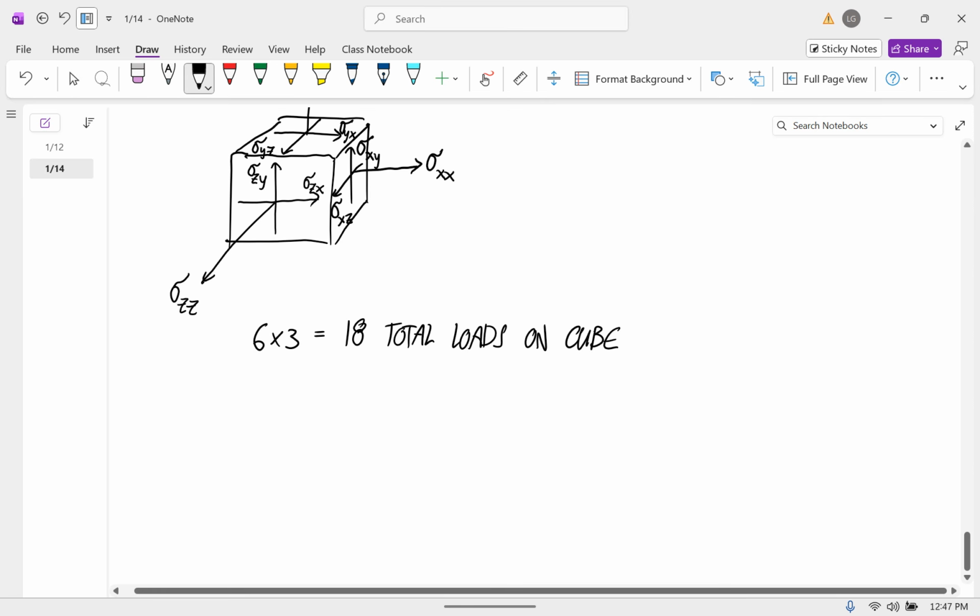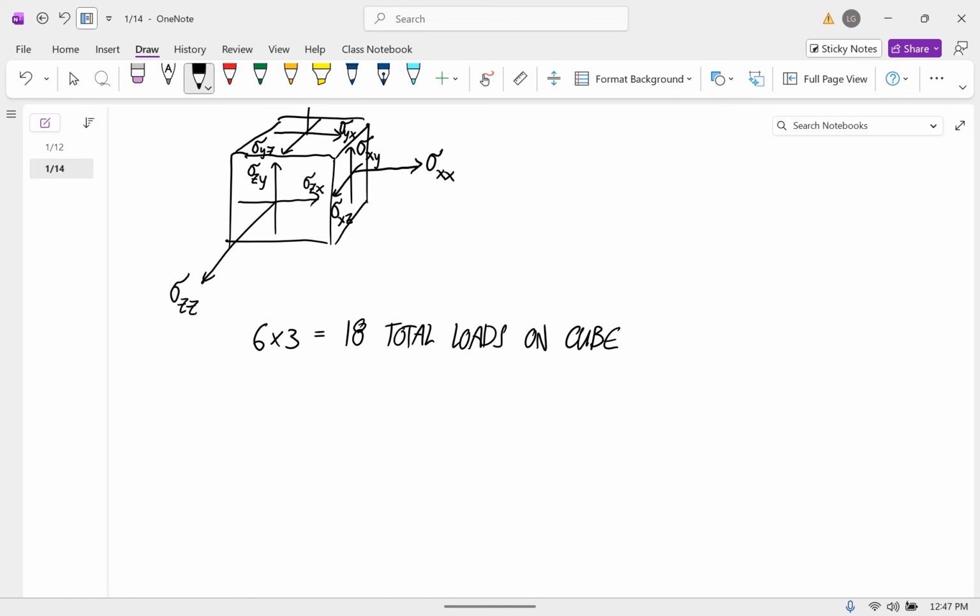So now let's think about the requirement that this is in static equilibrium. We're going to start with a force equilibrium. We're going to say that the forces add up to 0. The only way that you can have force equilibrium on this cube is for the components on opposite sides of this cube to have equal and opposite values.